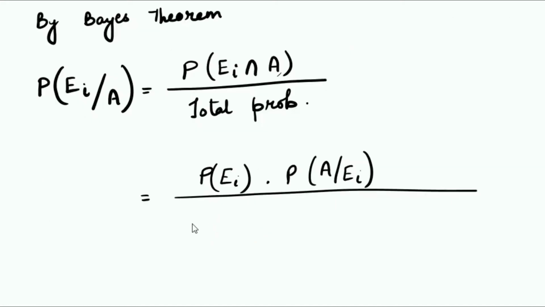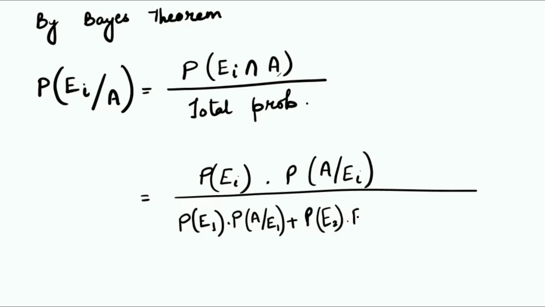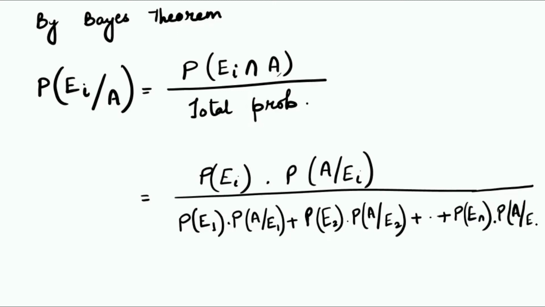So similarly to the previous one, we write total probability: probability of E1 into probability of A from E1 plus probability of E2 into probability of A from E2 plus probability of En into probability of A from En. So that is what I will have as the formula here.